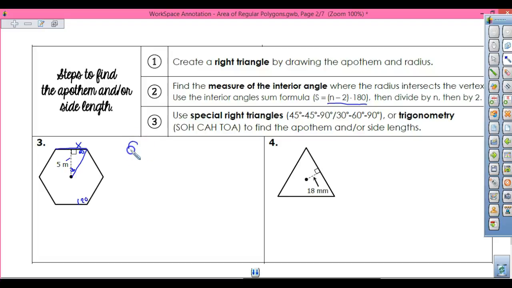So half the side is 5 divided by the square root of 3. Punch that into your calculator. We're not going to have to rationalize the denominator; we're just going to get it as a decimal to 2 places.